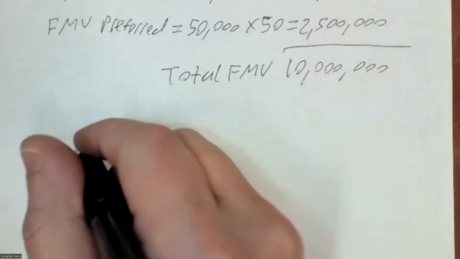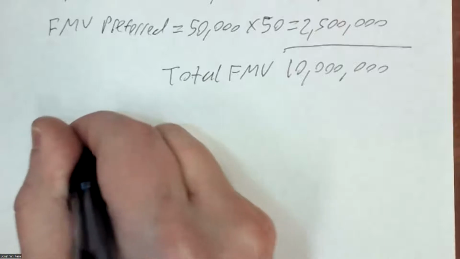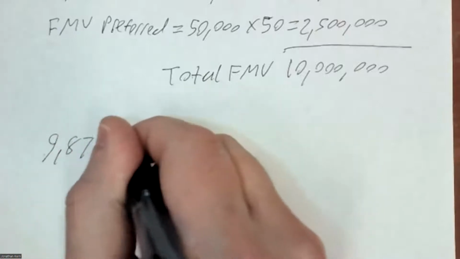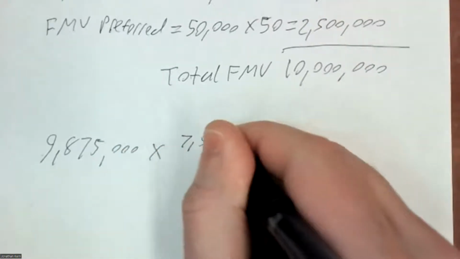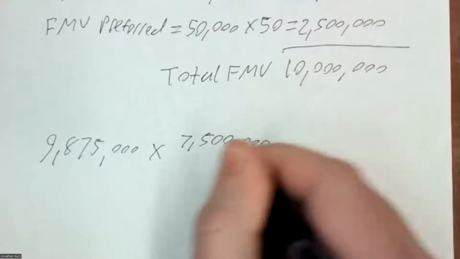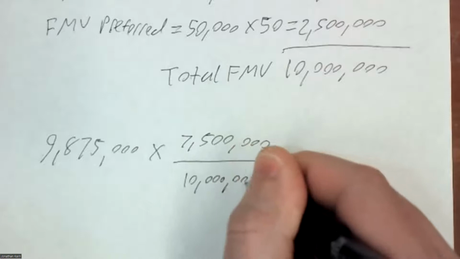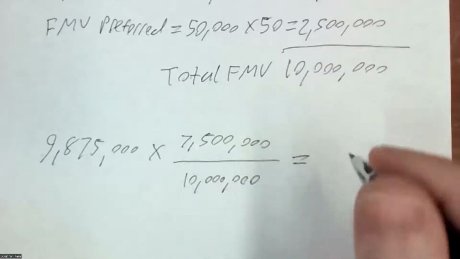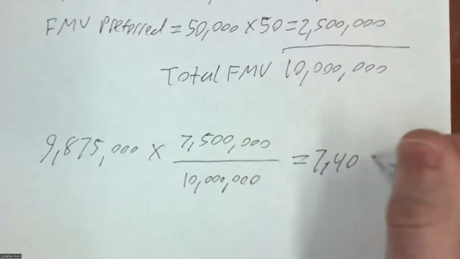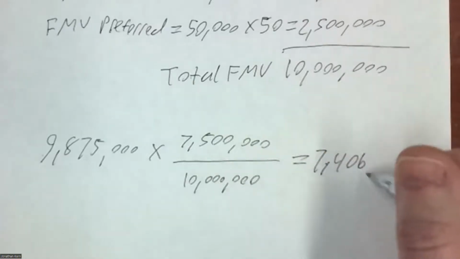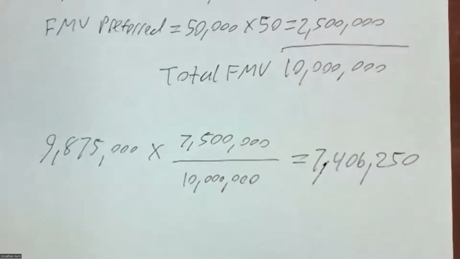We will then take our sales price and multiply it by the fair market value of each class of stock divided by the total fair market value, to get the proportion or the amount of the sale that's allocable to that class of stock.